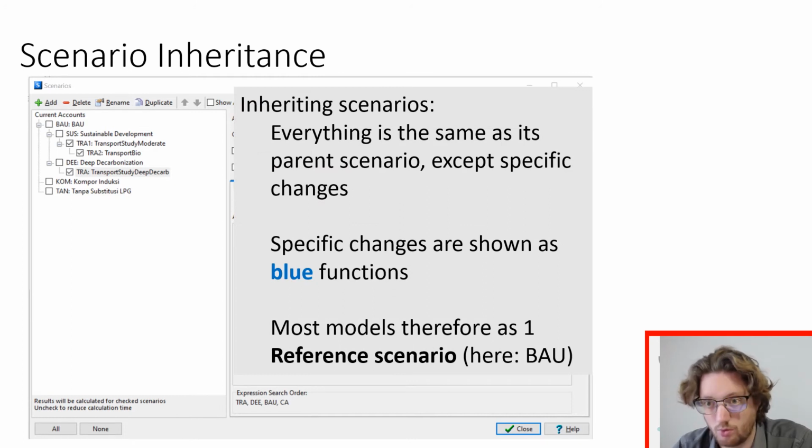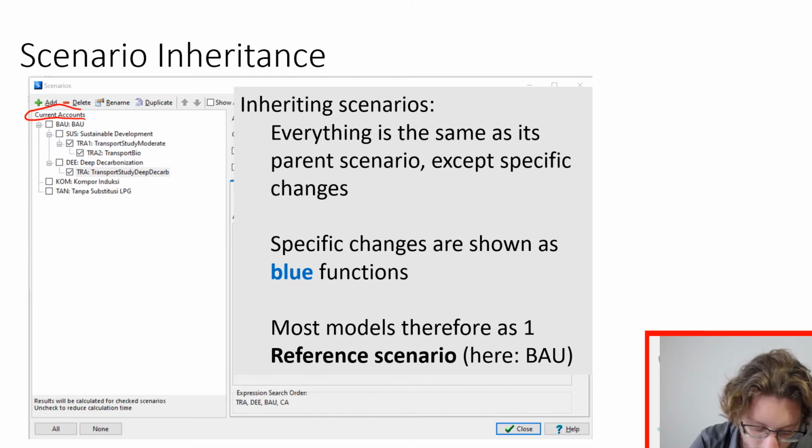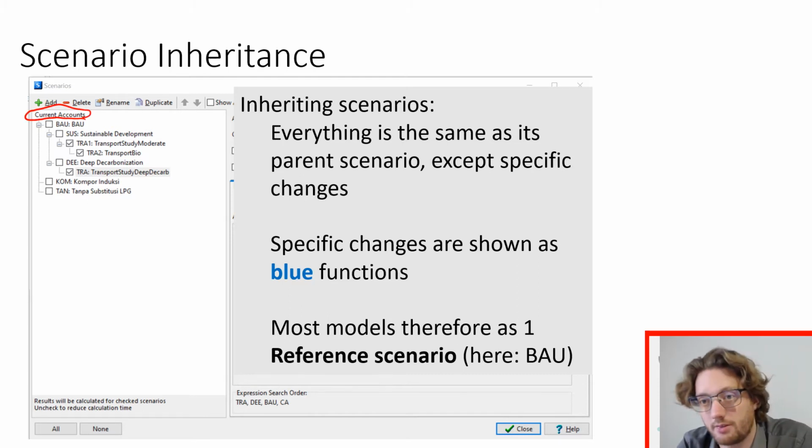So what does that mean in practicality? When you're inheriting scenarios, you are specifying it in the topmost scenario on the left. In this case, we have our current accounts scenario. That's where our statistics lives. Then we have a number of main scenarios.